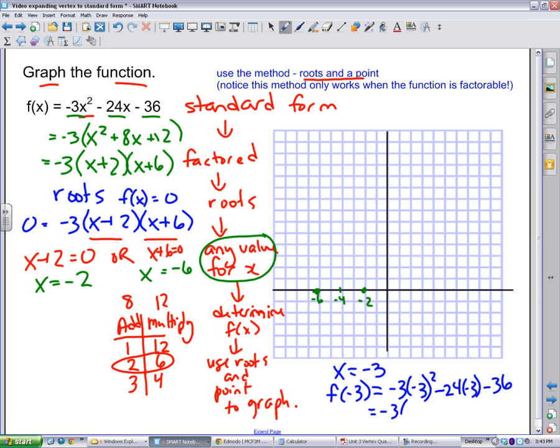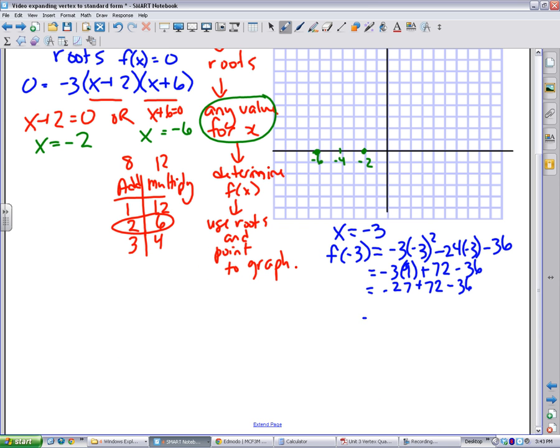So -3 times 9 minus, let's see, a negative times a negative is a positive, and 20 times 3 is 60, and 4 times 3 is 12, so that's 72 minus 36. -3 times 9 is -27, add 72, subtract 36, and I will need my calculator. So it's revealed a value of 9.